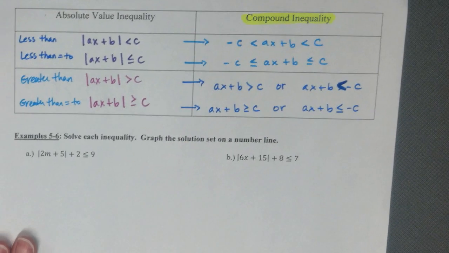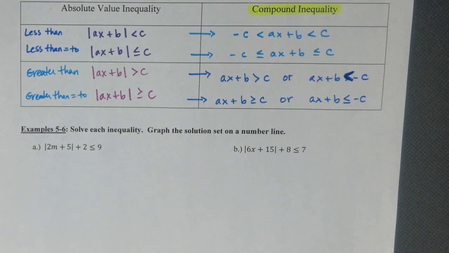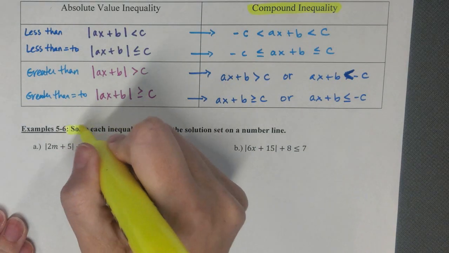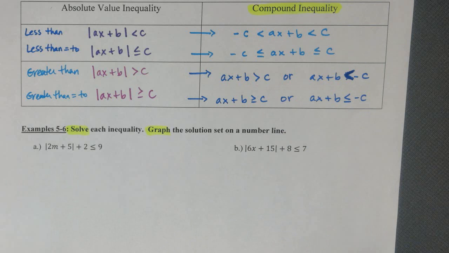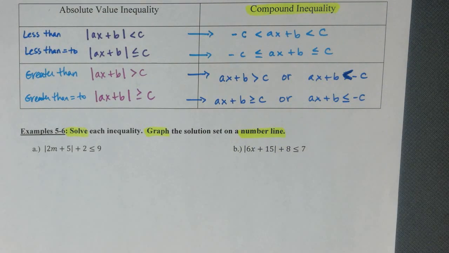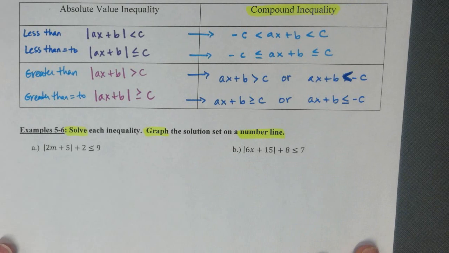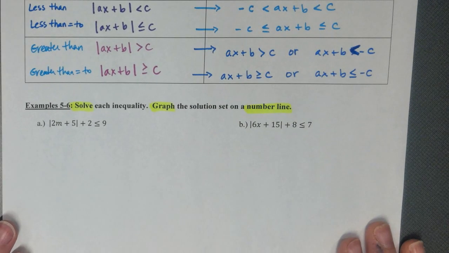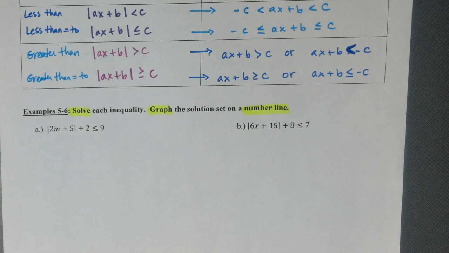Alright, so now we're going to solve the inequalities, and then you are going to graph the solution set on a number line. Don't forget that. As I was checking some homework from yesterday, some of you forgot to do your number lines or your graphs, so make sure you're reading those directions carefully.